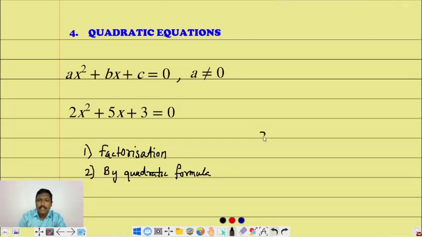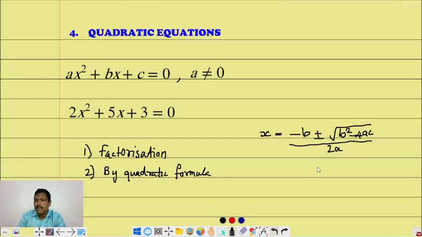The quadratic formula is x is equal to minus b plus or minus root of b squared minus 4ac, all divided by 2a. So this is called the quadratic formula.